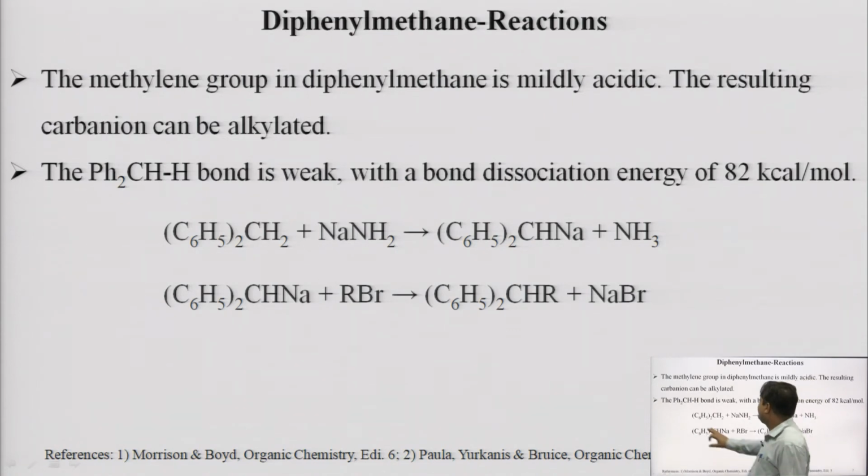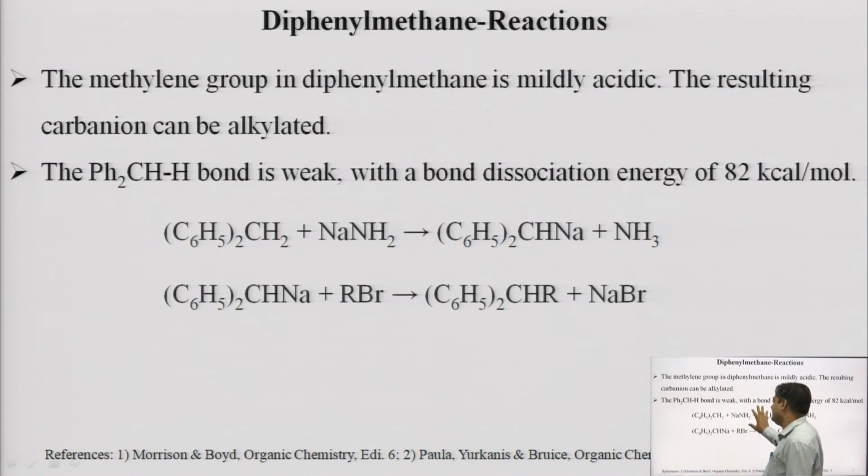Okay. So, in diphenyl methane the carbon-hydrogen bond in the methylene group is weak, with a bond dissociation energy of just 82 kilocalorie per mole, as you can see in the reaction. When this diphenyl methane is reacted with sodium amide, one hydrogen atom of the methylene group gets removed and one atom of sodium metal is added, and we get NH3 as a side product.